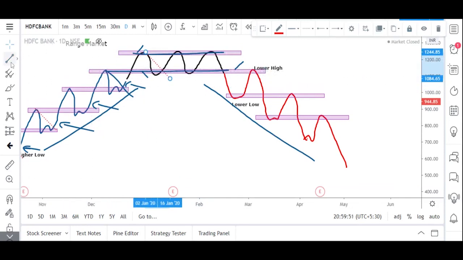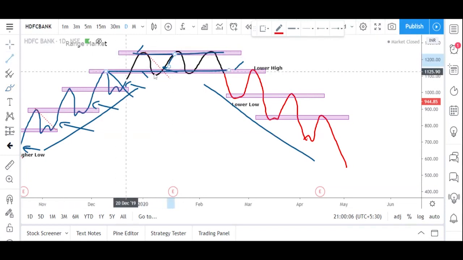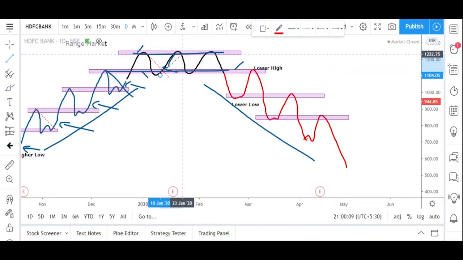Once the support is broken and when it comes up, we enter the trade here at this position, and we take the swing, we take the profit, and again at the resistance we take one more short-term trend line from here till here, and from support to the resistance we draw one more short-term trend line, and once it breaks we enter the trade.